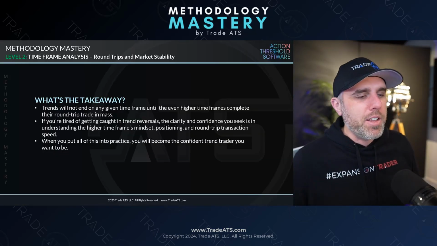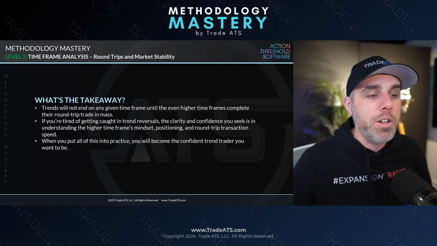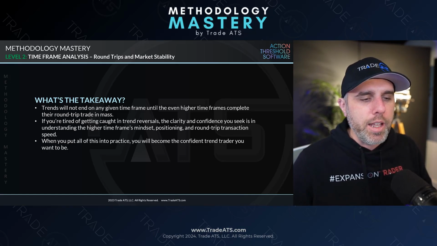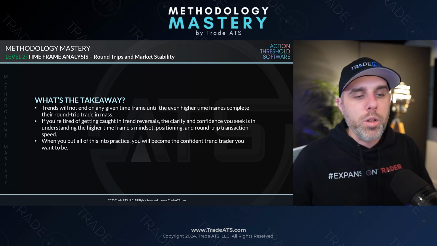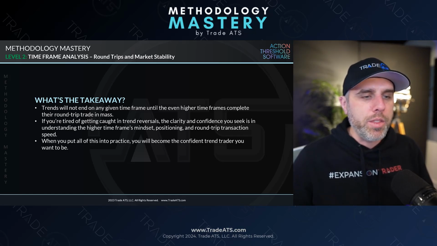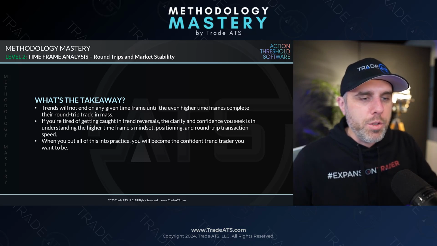Okay. So my thoughts on that, it really comes down to what you're talking about is valid, because a 4 hour and a daily are very closely related, and they can have a really good correlation to show you momentum. Ideally, you like to have the 4 hour in direction with the daily, because we're trying to judge those candle by candle.